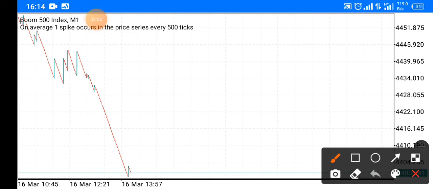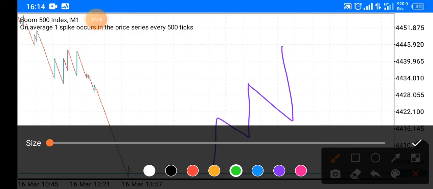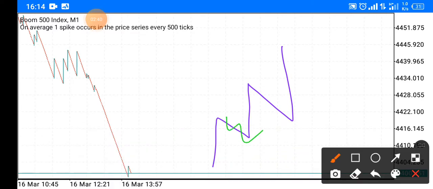In an uptrend, the market will be creating a series of higher highs, right? On those pullbacks, that's where we're going to be getting our flags, right there and right there.